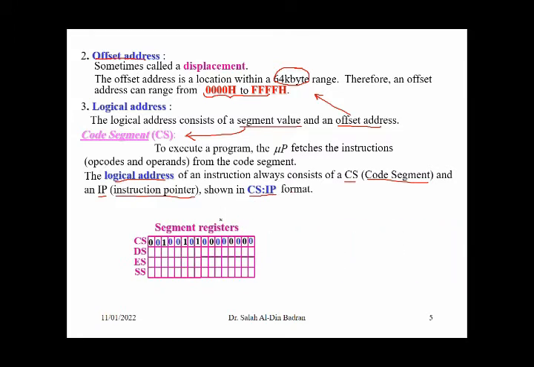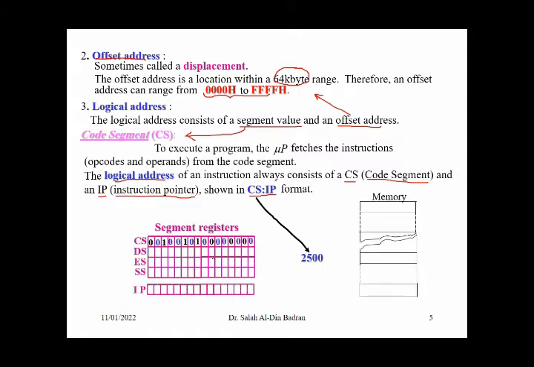An example. We have these segment registers, CS, DS, ES, and SS, and we have CS with this data. The data is 2500 in hexa. This data in binary is now in hexa 2500. To reach the memory, we should also have the IP address.